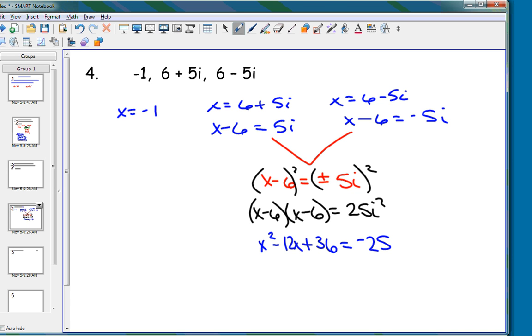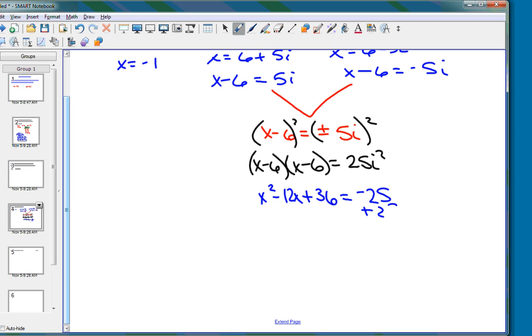Because i squared is equal to negative 1. Why is that x squared minus 12x plus 36? Because inner gives me negative 6x, outer gives me negative 6x. We make a grand total of negative 12x. Okay? Bring that over. Add 25. I get x squared minus 12x plus 61 is equal to 0.